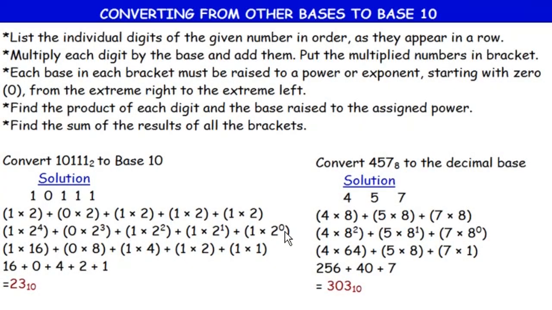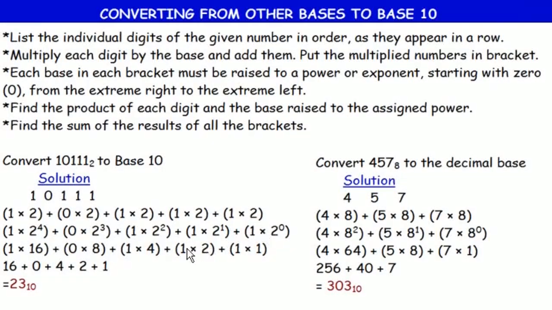So you raise the base in each bracket to a power, starting with 0 from your right to your left in ascending order. So here it is going to be 1 times 2 to the power 0, 1 times 2 to the power 1, 1 times 2 to the power 2, 0 times 2 to the power 3, and then 1 times 2 to the power 4. It's from your right to your left in that increasing order.